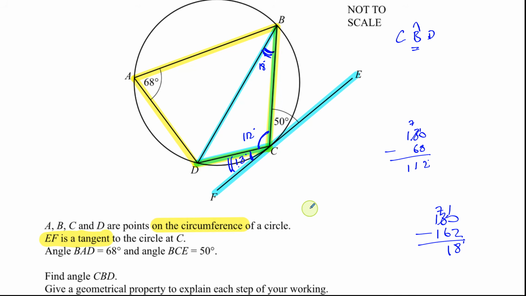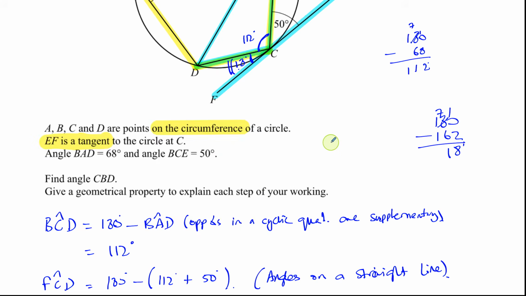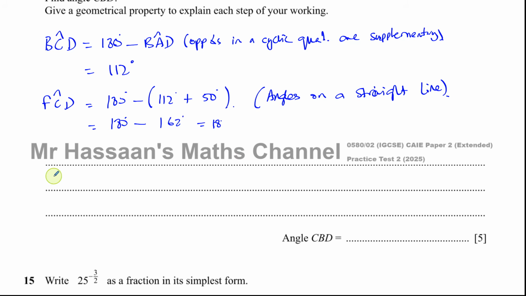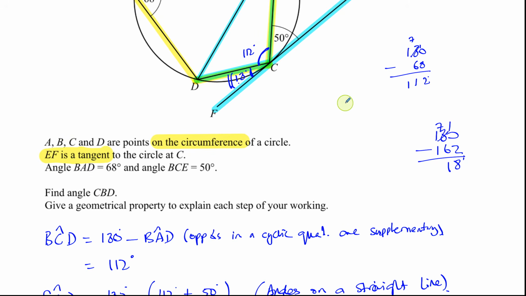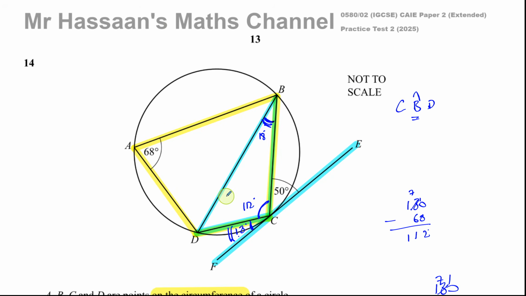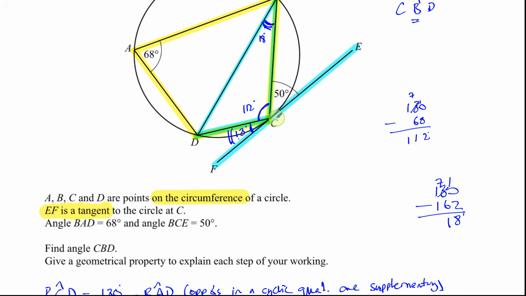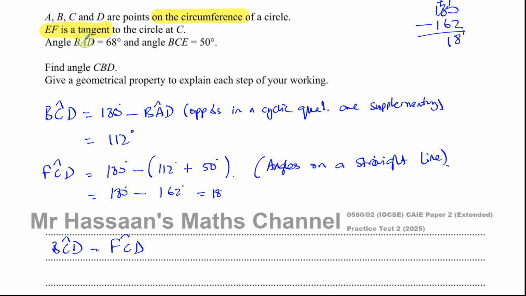So angle CBD is equal to angle FCD because of the alternate segment theorem. So we can say angle CBD, which we have to find, is equal to angle FCD.